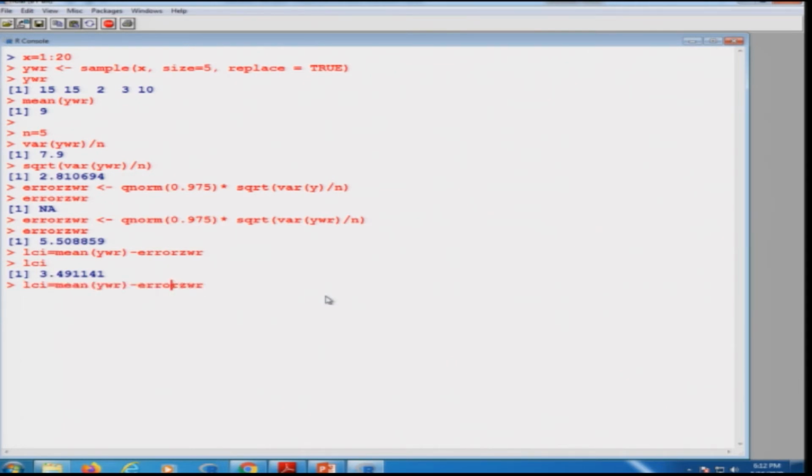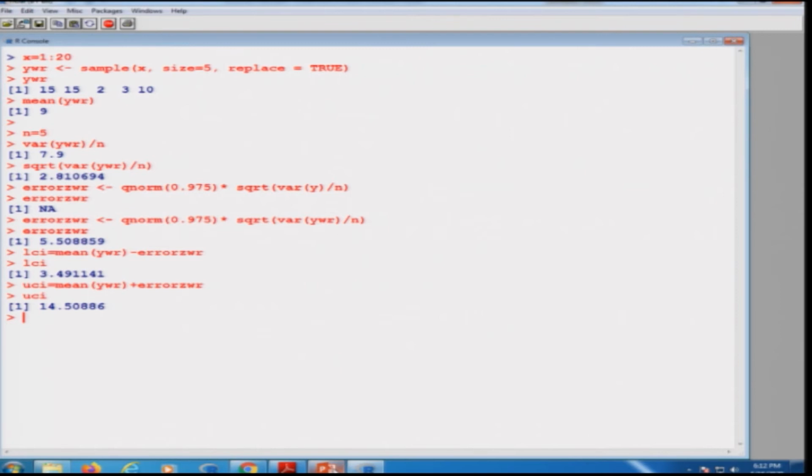And if you try to find out the upper confidence limit, let me denote it by UCI, that will be mean of the observation plus error ZWR. So, this comes out to be UCI, which is 14.50. So, the 95% confidence interval turns out to be 3.49 to 14.50.